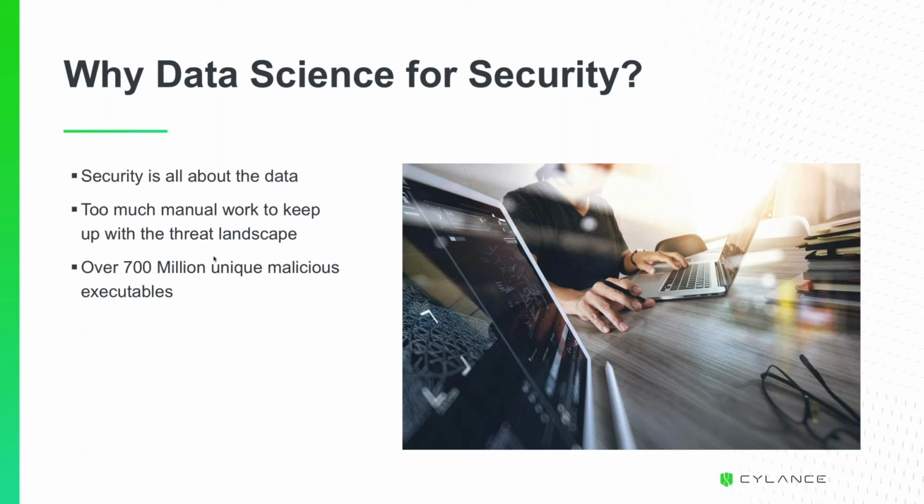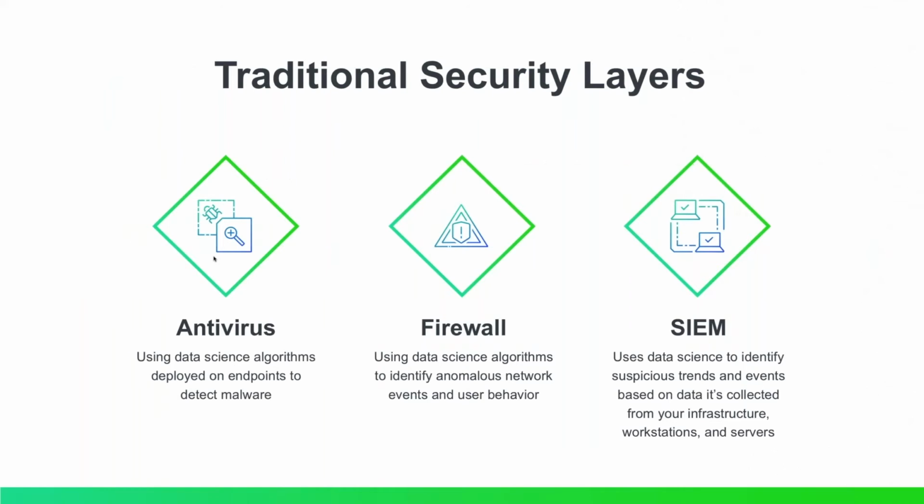In the world that Cylance operates in, one of the very common examples that we talk about is the overabundance of malicious binary executables. That's just one example of a type of data and a type of decision point that data science and machine learning and narrow artificial intelligence helps us make decisions on. So let's take a little bit of a closer look at how data science can be applied to more traditional security layers.